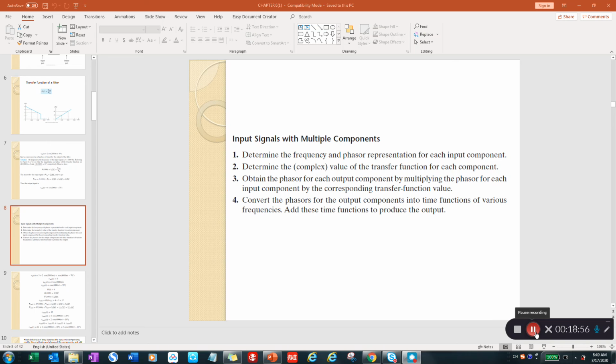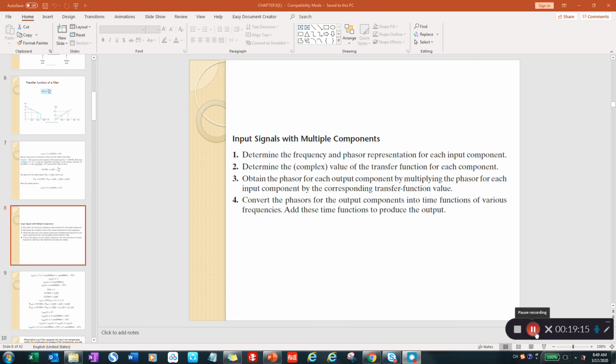As we said, the frequency response will be different for each of the frequency. So after you figure out the frequency of each of the components, you can determine what is the change of the amplitude and the phase angle.